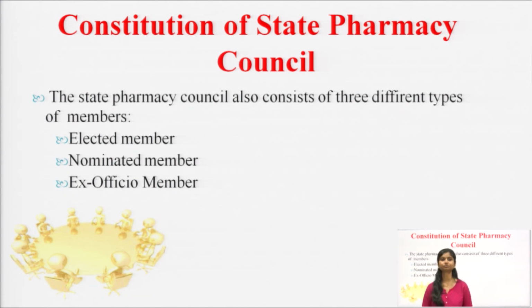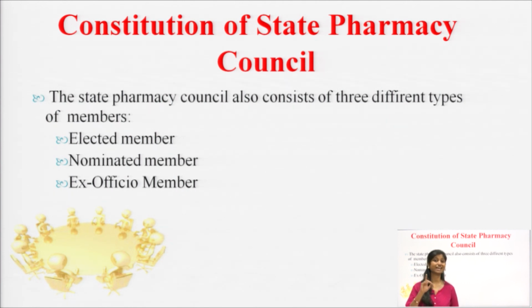So here comes the State Pharmacy Council. State Pharmacy Council also consists of 3 different types of members. As we have seen in the Central Pharmacy Council, there were elected members, nominated members and ex officio members. Similarly, over here in the state also we have 3 ways in which the members are appointed.